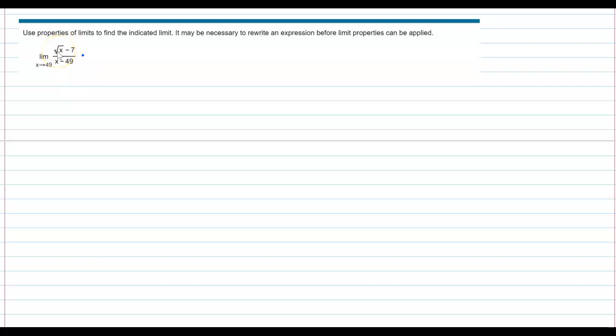So if you have something like that, you can multiply this by its conjugate. So you can multiply that by square root of x plus 7. And then you do the same thing in the denominator. Now, you recall that if you multiply x minus a times x plus a, this is equal to x squared minus a squared.